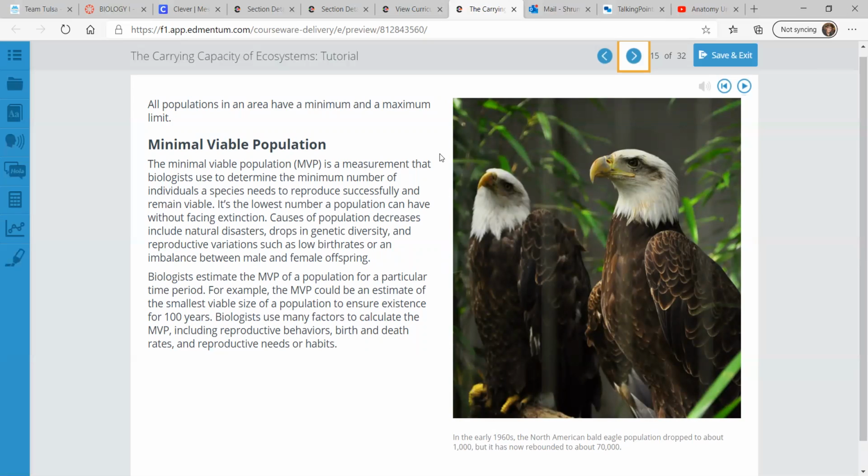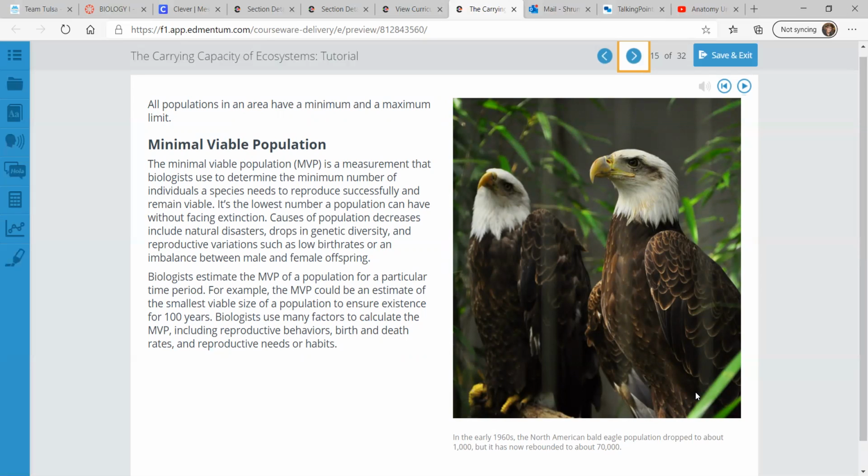Maybe not necessarily forever, right? They use many factors to calculate the MVP, and that means looking at reproductive behaviors, birth and death rates, and reproductive needs or habits.